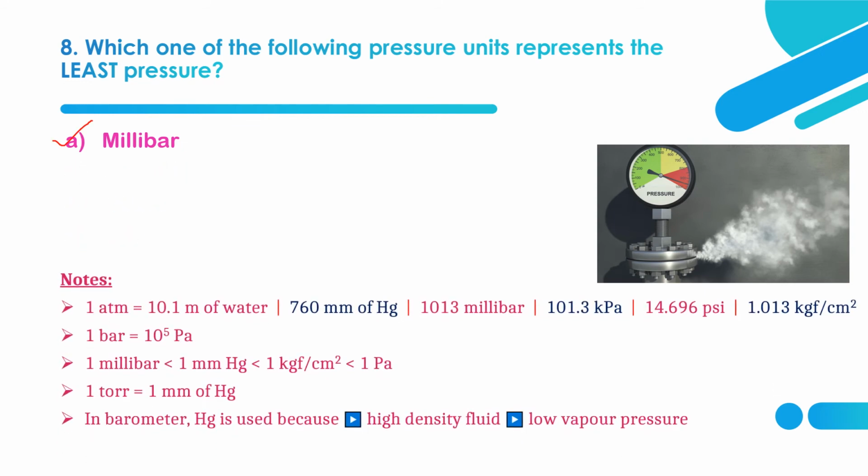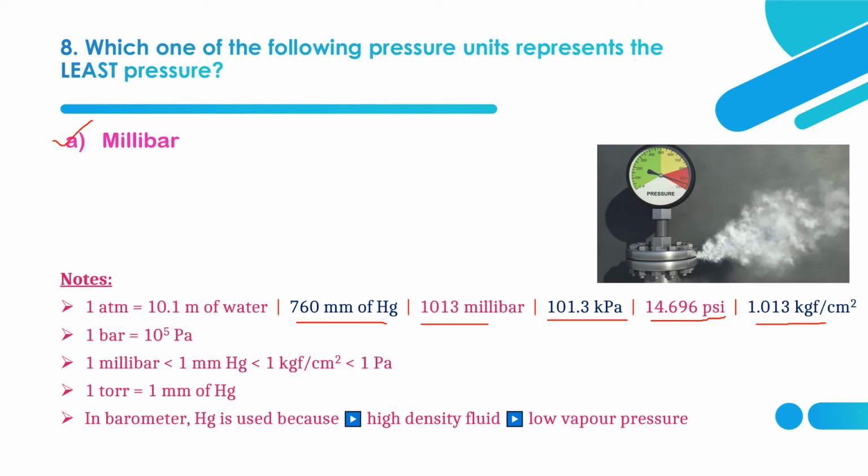Now let's see various other units with respect to atmospheric pressure. Atmospheric pressure is given like this: 10.1 meter of water, or 760 mm of mercury, or 1013 millibar, or 101.3 kilopascal, or in pounds per square inch it is 14.696 psi, and in kilogram force per centimeter square it shall be 1.013.